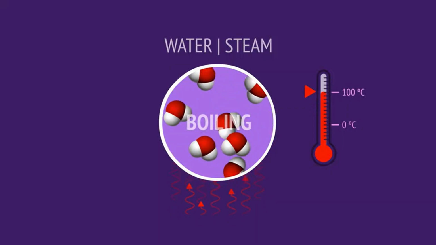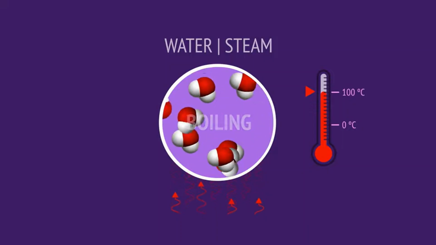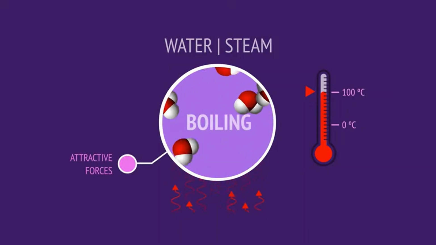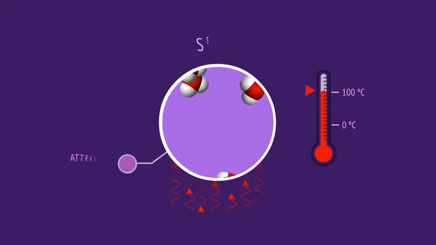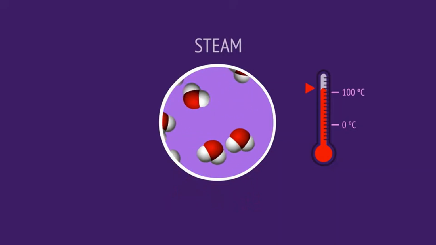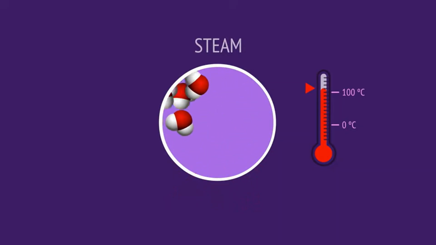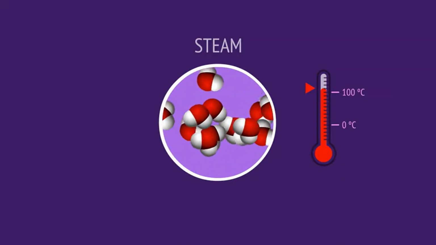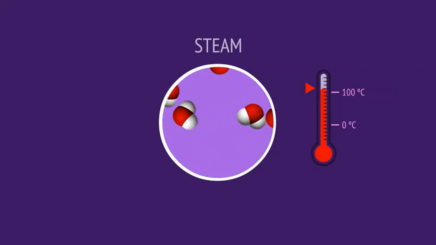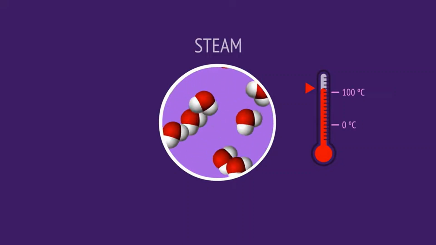During boiling, the temperature remains constant because heat is used to overcome the hydrogen bonds instead of speeding up the molecules. In the gaseous state, the water molecules are free from the attraction of other molecules. Further heating increases the molecule speed and so increases the steam's temperature.